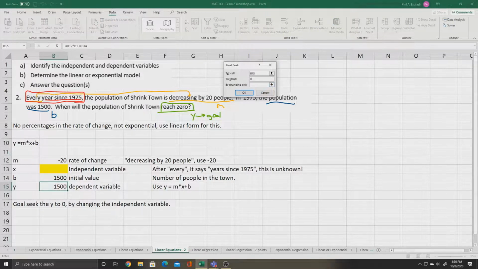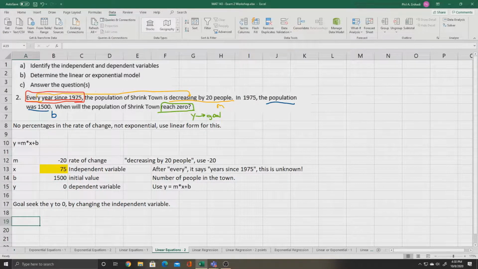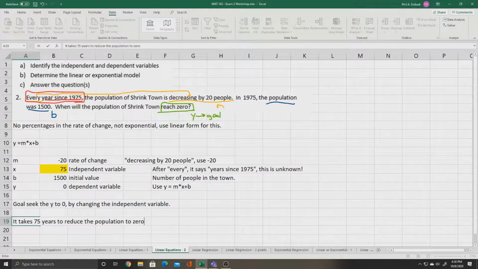And it's going to be by changing the cell that I've painted gold, the cell that we didn't know. That's the x. Press enter. The correct answer will pop in. We can say it takes 75 years to reduce the population to 0.